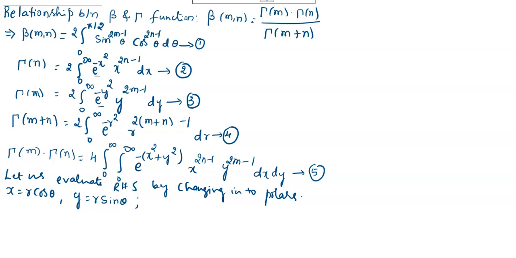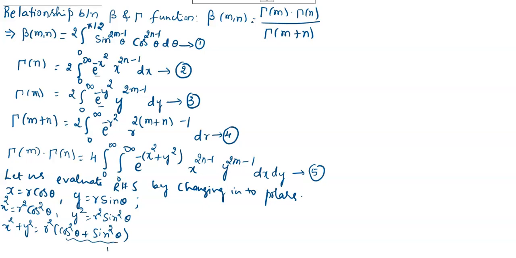Squaring both sides, we get x square equals r square cos square theta, and y square equals r square sin square theta. Adding these two equations, we get x square plus y square equals r square of cos square theta plus sin square theta. The value of cos square theta plus sin square theta is 1.